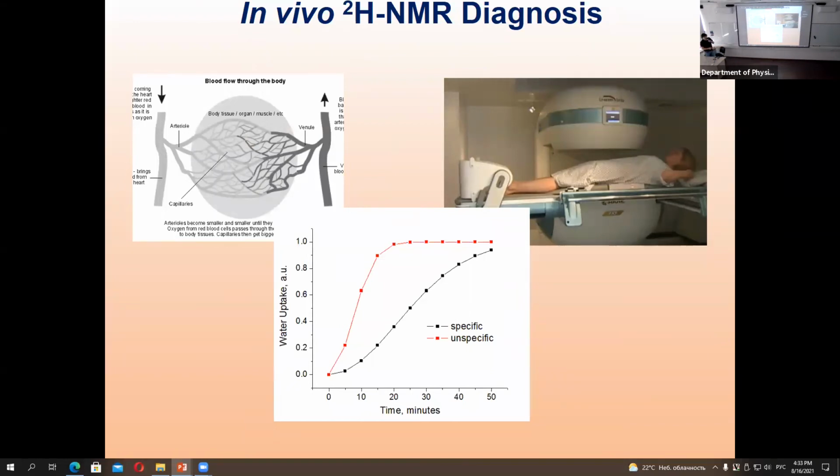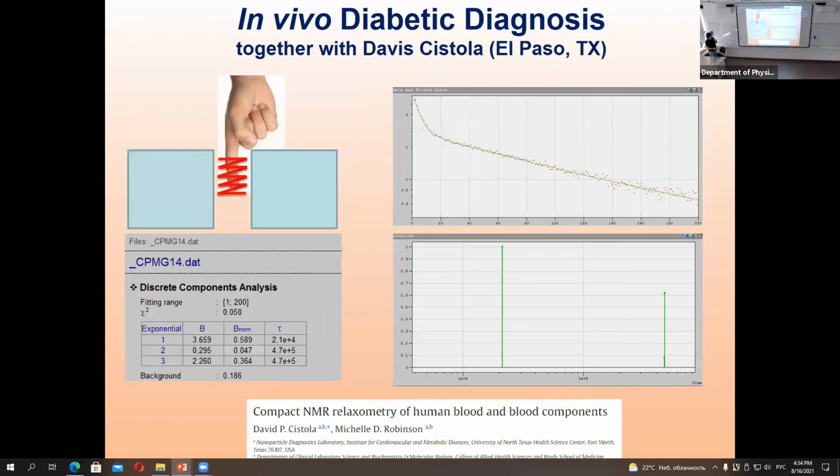Sorry, we have a question from the chat. Okay, yeah, let's answer. How accurate are the sugar level measurements? It's probably regarding the previous slide. How accurate? The relaxation measurements are quite accurate. We are working on reproducibility and repeatability.